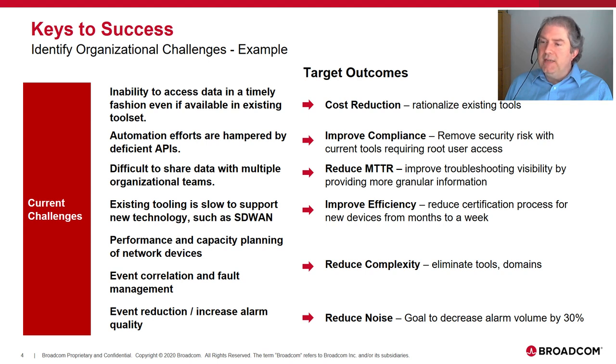We need to support new technologies. We need to do capacity planning. We need to do event correlation. And what are the target outcomes from that? Being able to do cost reduction, improve compliance, improve security, improve efficiency, and reduce noise. These are some of the key items that you should really look at when addressing your current challenges.